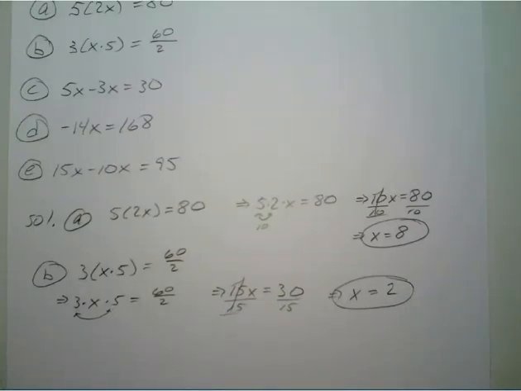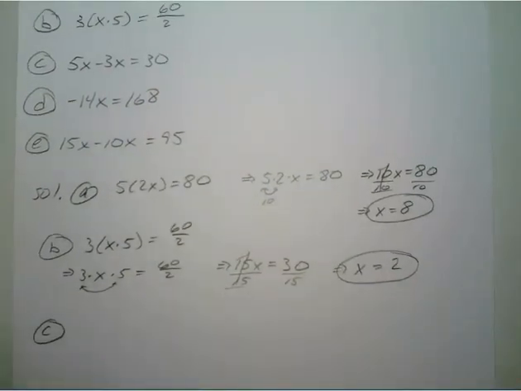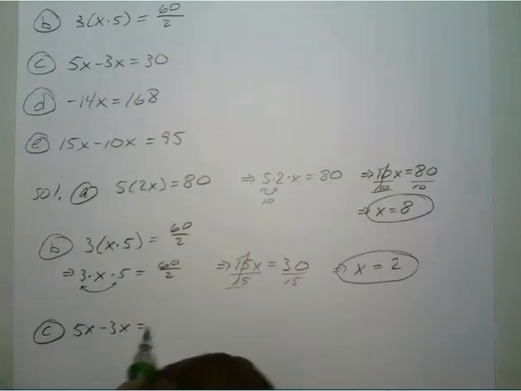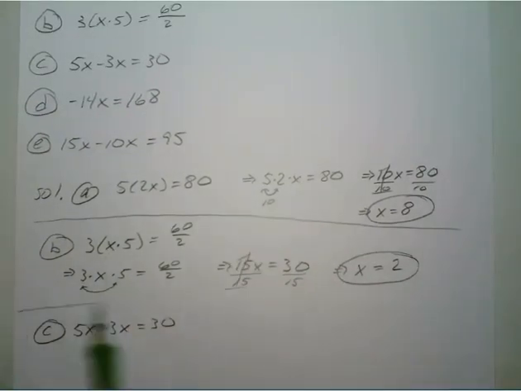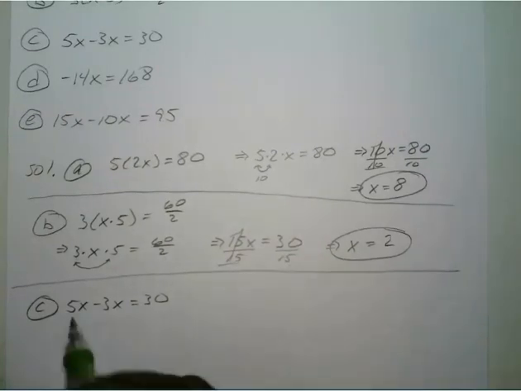All right. So let's look at problem C. We have 5x minus 3x equals 30. Let me kind of separate this a little so it's not all bunched up. Okay.